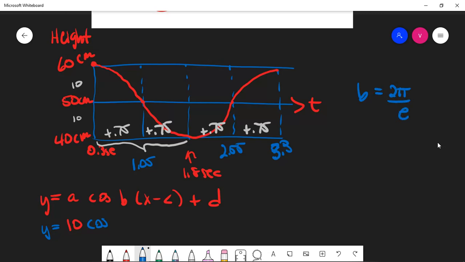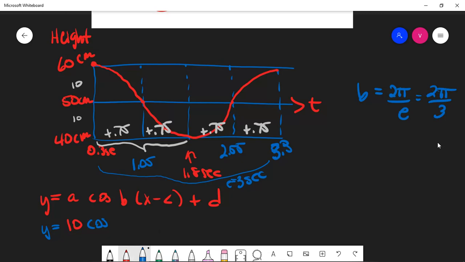The period, what is one whole period here? Let's see. So from 0.3 seconds all the way to 3.3 seconds. That sounds like 3 seconds total, right? 3.3 minus 0.3, that's 3 seconds total. That's the period. So it would be 2 pi over 3.